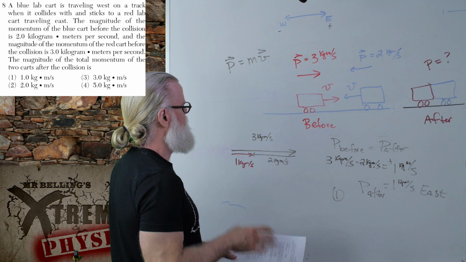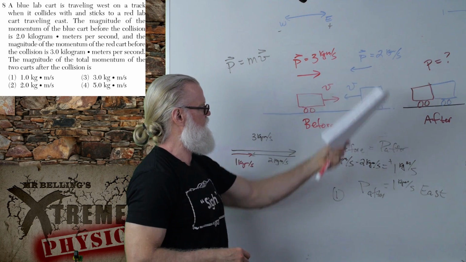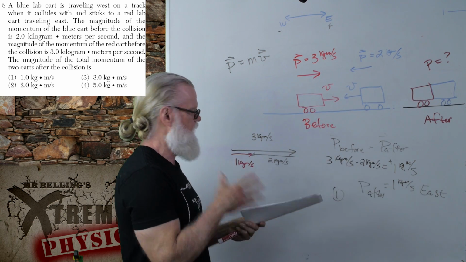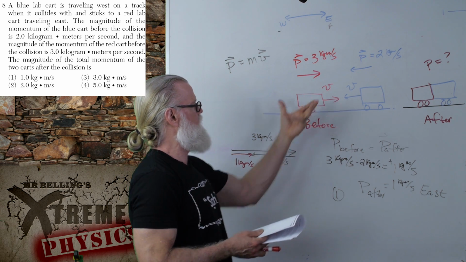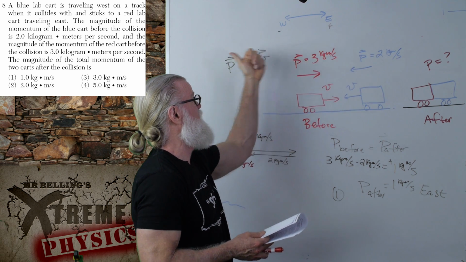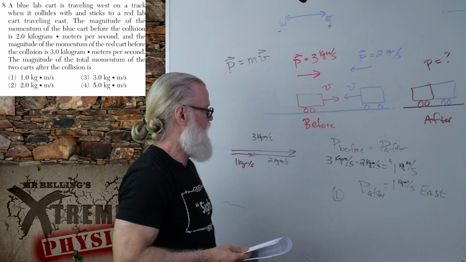Beauty. Don't forget your vectors. The reason we add the plus and minus is if they're in a straight line, rather than having to draw the vectors, we use a proxy. We use the negative to mean that way and the positive that way. It just makes it easier.